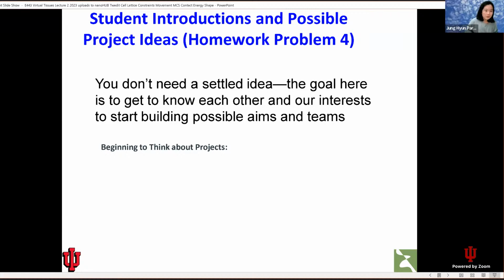Hello, my name is JH. I'm a first year PhD student in molecular neuroscience, and my research interest is in Alzheimer's disease. I found a paper about how inflammation works in Alzheimer's disease.